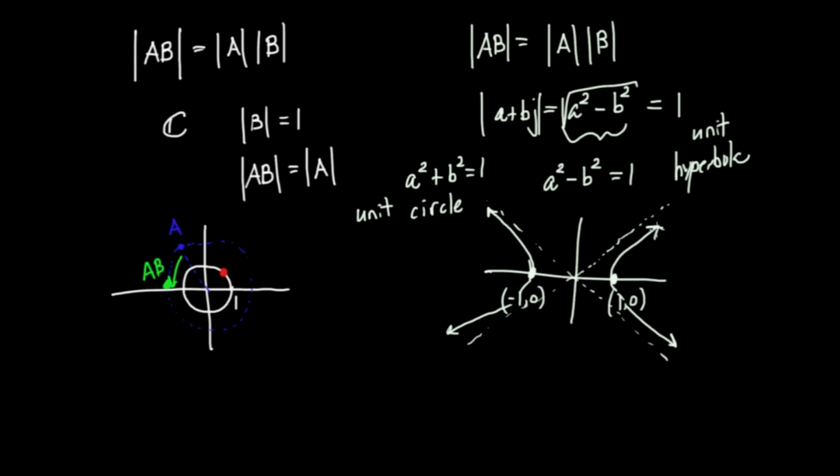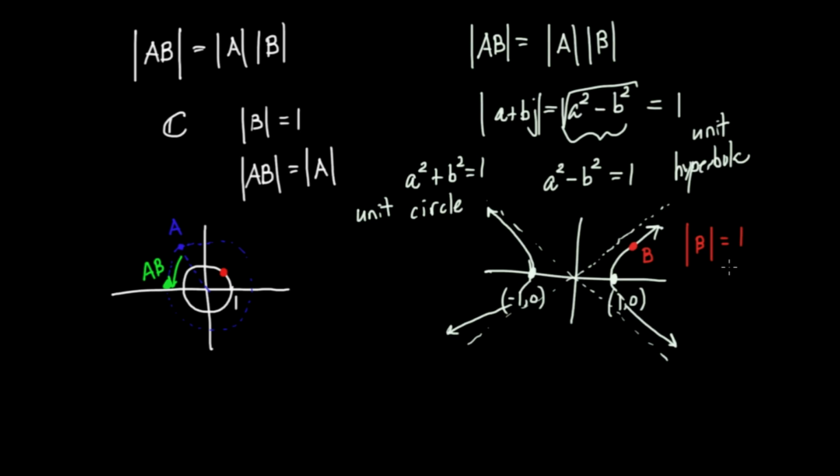That is to say, on these two branches of the hyperbola, all of these points have the property that their x-coordinate squared minus their y-coordinate squared is equal to 1. I could pick at random some point right there. Let's call that one B. If this point B is on this hyperbola, then the magnitude of B is equal to 1.